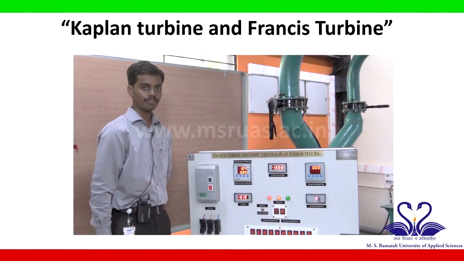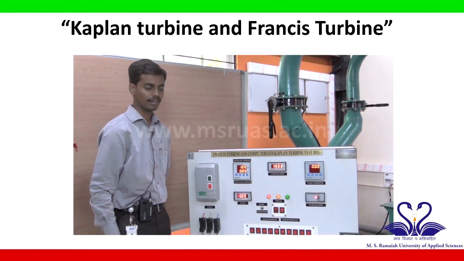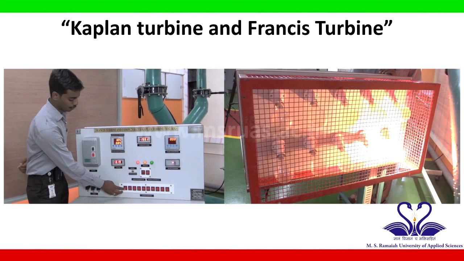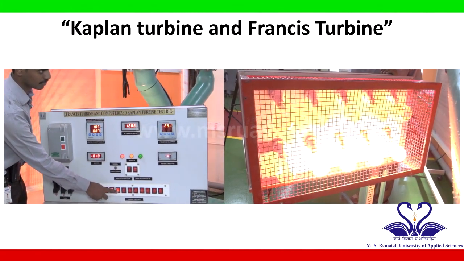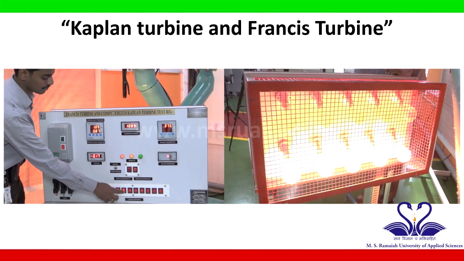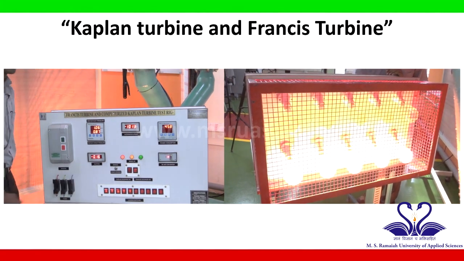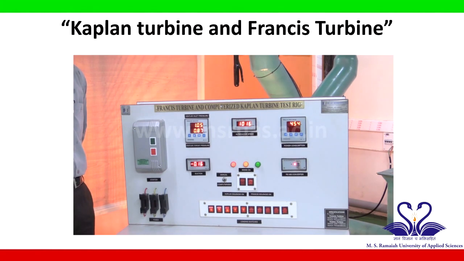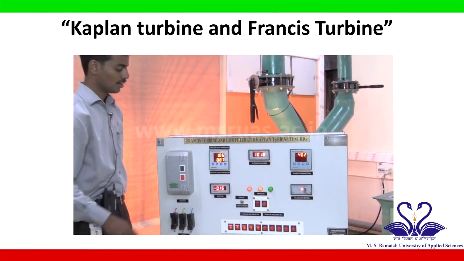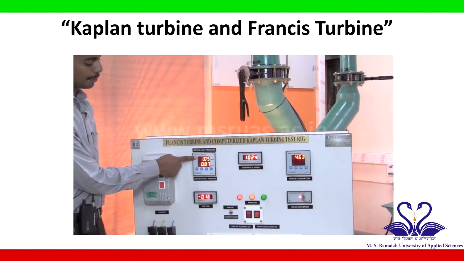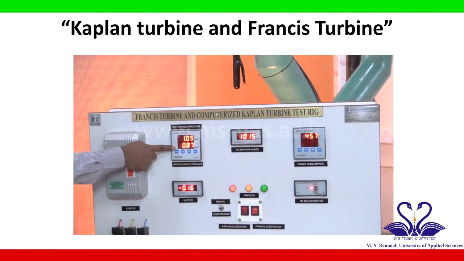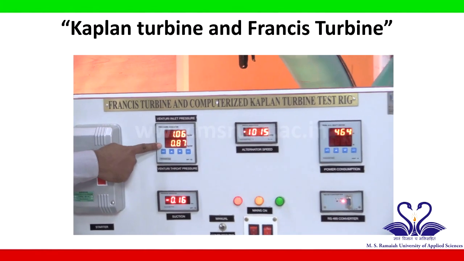We can observe that the turbine has started rotating, and now we shall load up the turbine by switching on a few bulbs. Here we can observe the inlet pressure and the throat pressure of the venturi meter.